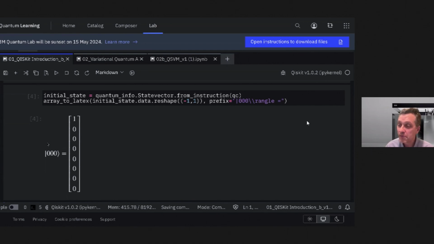For example, in a system with 3 qubits, we represent the state as something related to the probability of measuring 000, 001, 010, up to 111. These are the different possible measurements of this system as probabilities, okay?